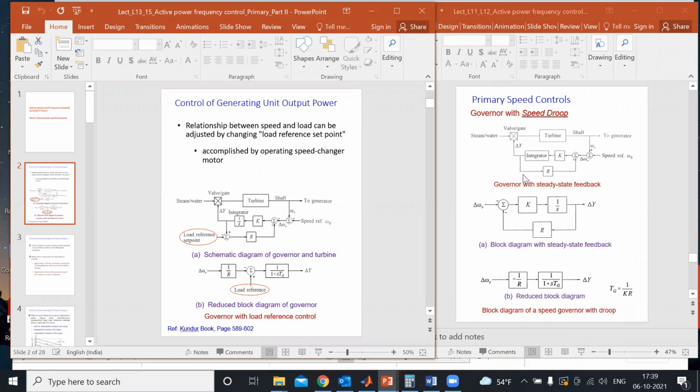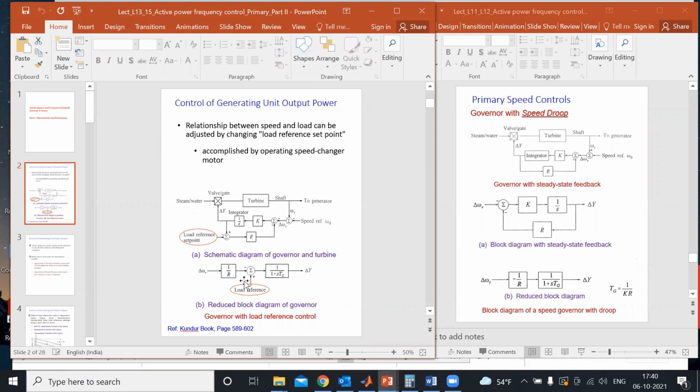So we have added a comparator here in this case, and that will work to achieve a load reference set point here, and thus regulate the output power of a generator based on the power set point, rather than just as a speed droop or the droop characteristic.